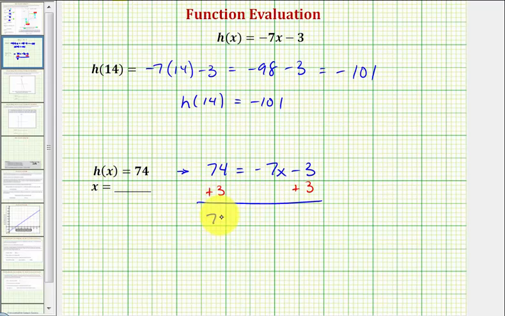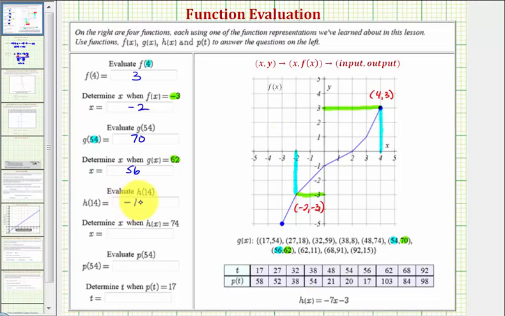So we have 77 equals negative 7x, and we divide both sides by negative 7. We have negative 11 equals x, so of course x equals negative 11. Let's go ahead and record this on the previous slide. We had negative 101 here, and we had negative 11 here.